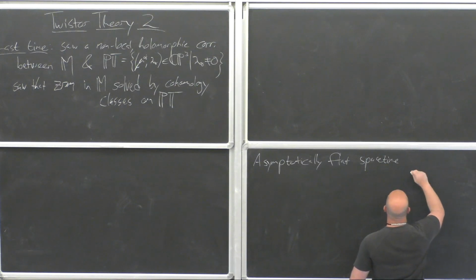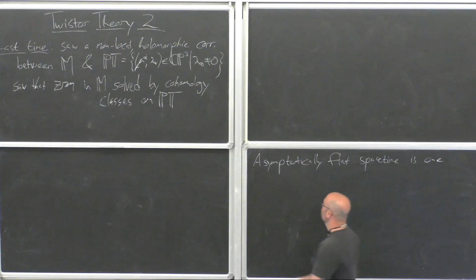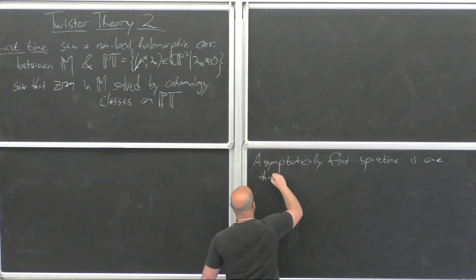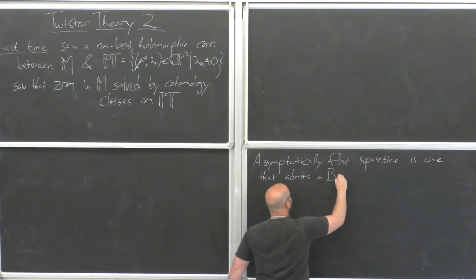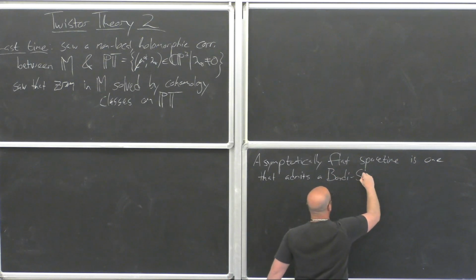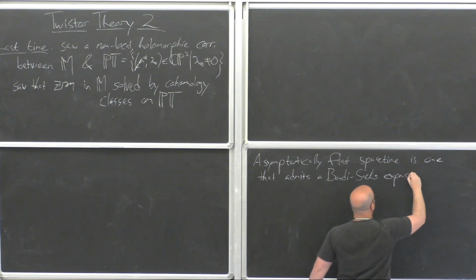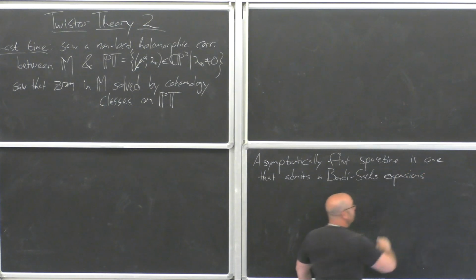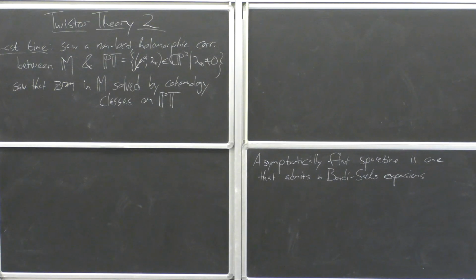So an asymptotically flat spacetime is one that admits a Bondi-Sachs expansion. I'll be more specific about what that is. If those words don't mean anything to you, just stay tuned.